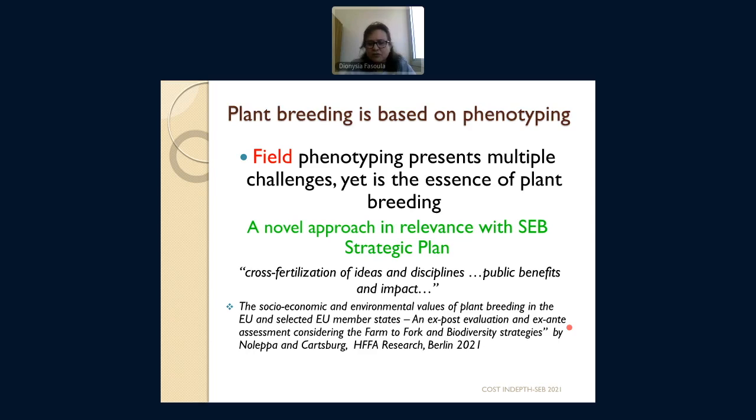For those of you that are interested, you can take a look at the recent report about the socioeconomic and environmental values of plant breeding in the EU and selected member states by Nolepa and Katzberg.